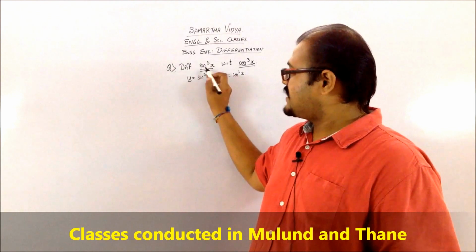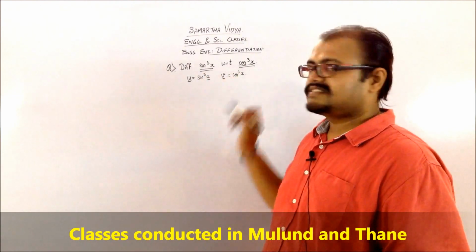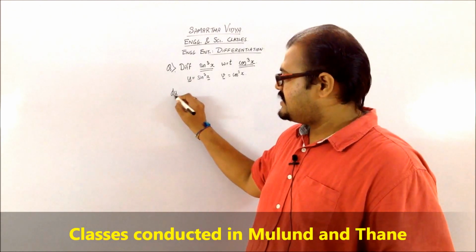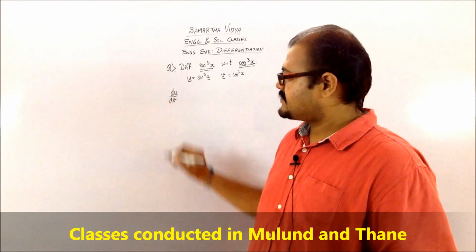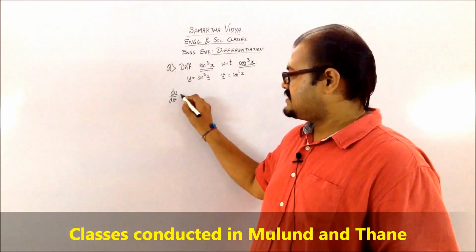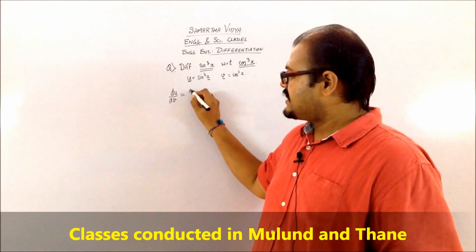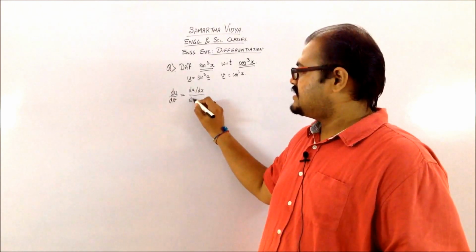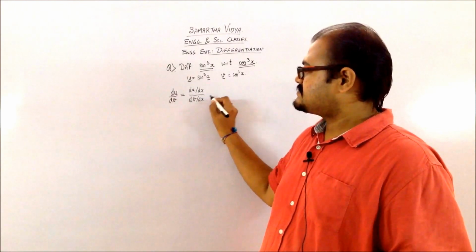If you want to find the derivative of sine cube x with respect to cos cube x, you can simply write that as du by dv. By the use of the parametric form, du by dv can be written as du by dx divided by dv by dx.